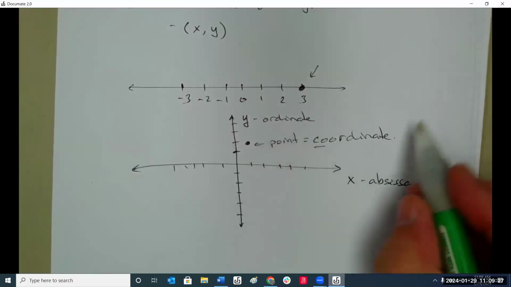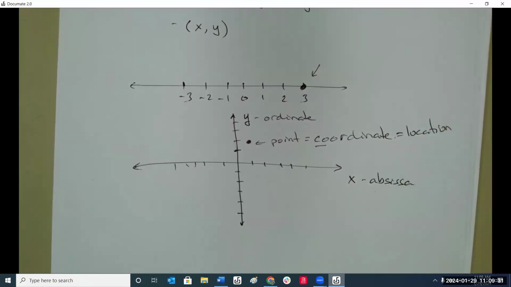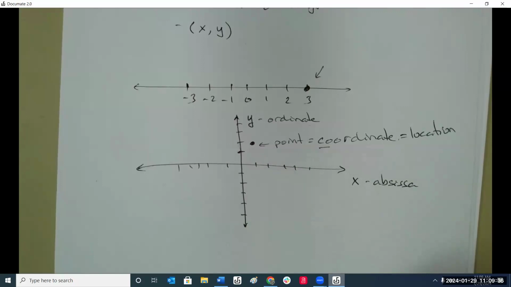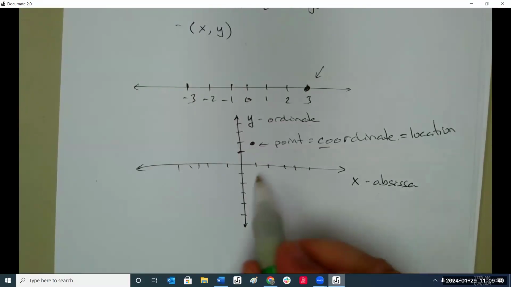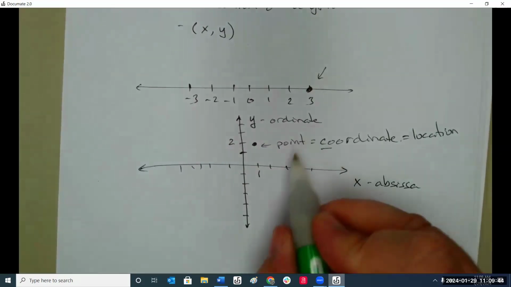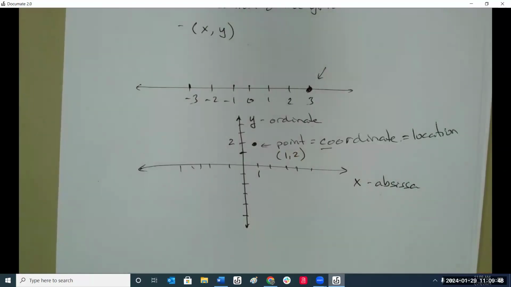So what is that location? This is a location. So what is that location? This is the number 1. This is number 2. Yes, it's at the location 1, 2.